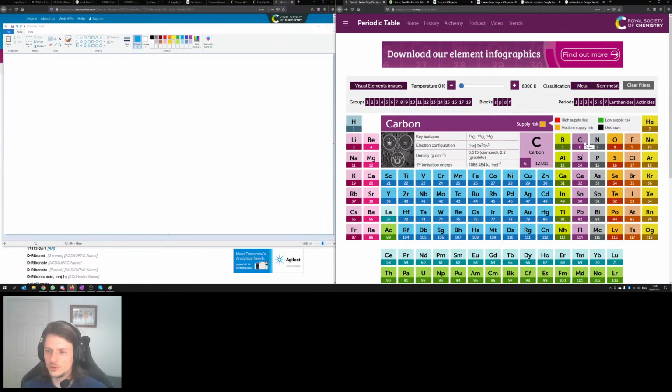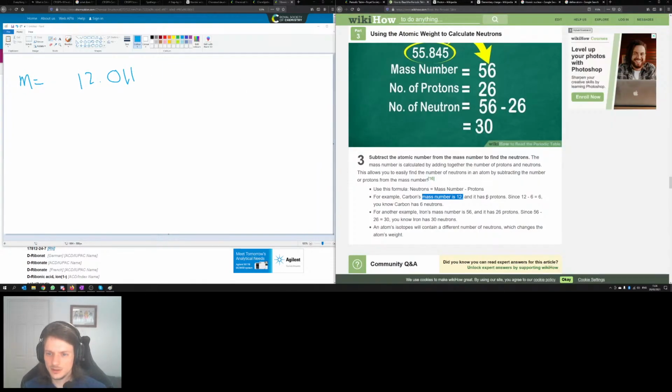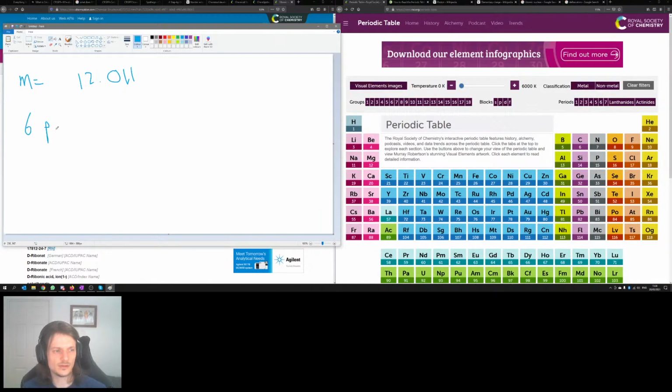Mass equals 12.011. And it has 6 protons and 6 electrons. Atomic number 12 atomic number.